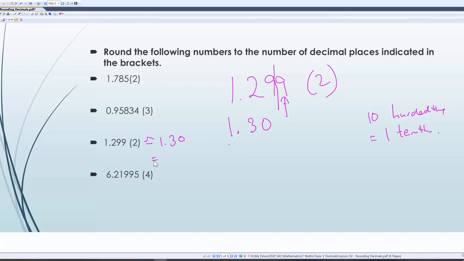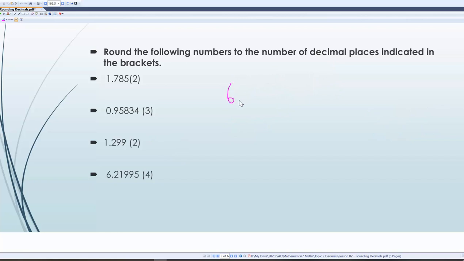Now that's also equal to 1.3, but we want it to two decimal places, so I'm going to put the first and the second decimal place in. I'm going to say that it's 1.30, even though 1.30 is exactly the same as 1.3. All right, let's do this last example, and it's the hardest of all of the examples.